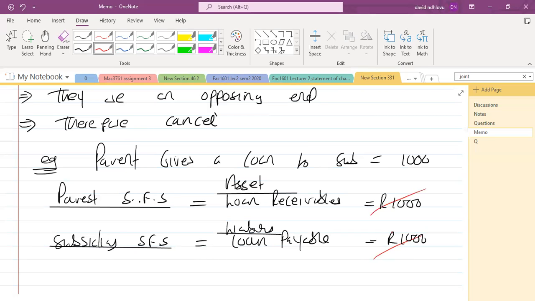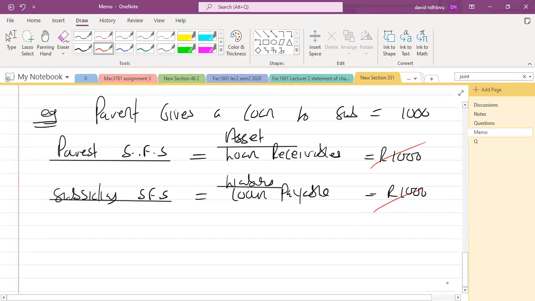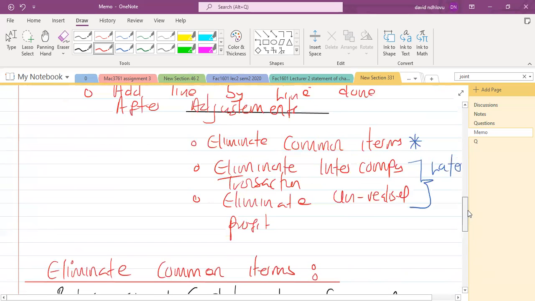Within the group, at group level, there was no loan. You cannot take money from your left hand and give to your right hand and record that. The two companies have been combined into one. Any loan between them becomes null and void, so it needs to be eliminated from the books altogether. Are we clear, good people? That's an example of a common item.